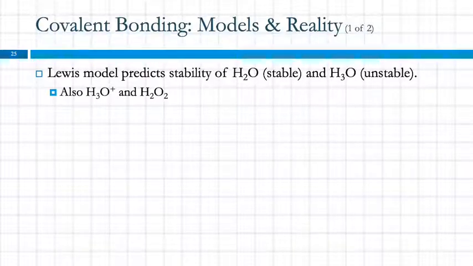So we can use this model to predict whether things are stable or not. So let's look at water, H2O, and H3O. And we already have done H2O, so I'm just going to do that really quick here instead of talking through it again.